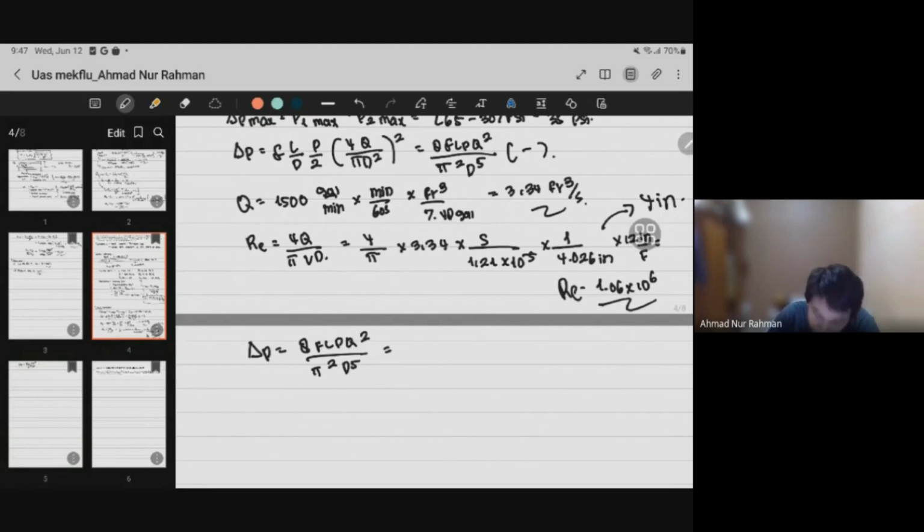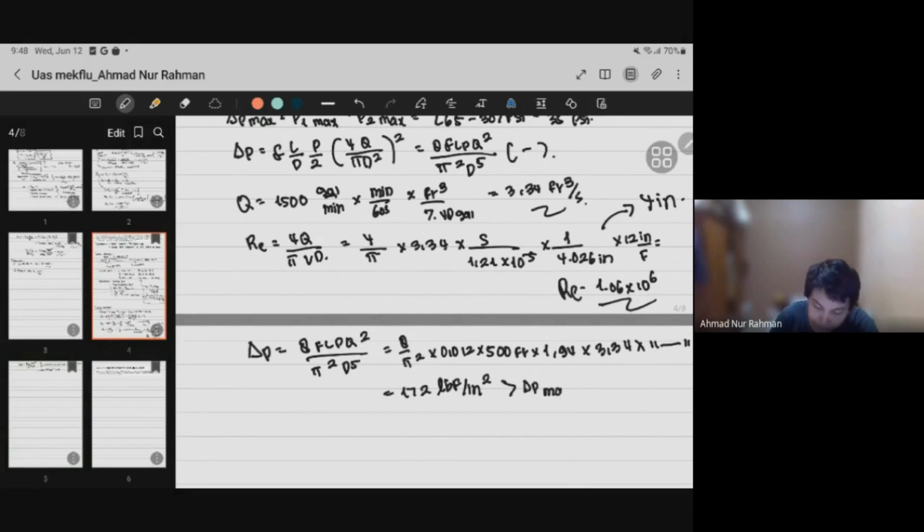So it's 8 times rho squared times 0.012 times 500 feet times 1.94 times 3.34, and continue the same as above. So the result we get is 172 lbf per in squared. This is more than delta p max.